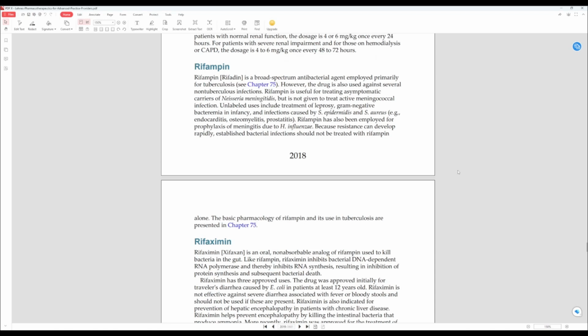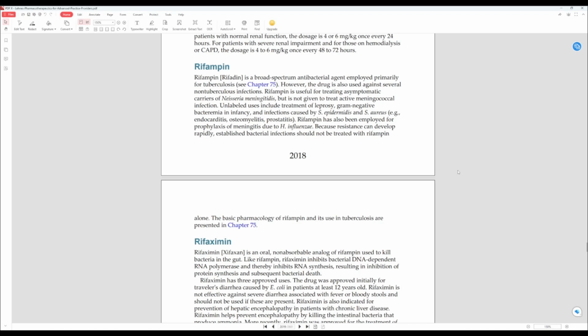Which brings us to rifampin, or Rifadin, which is still used today, which is a broad-spectrum antibacterial agent employed primarily for tuberculosis. However, the drug is also used against several non-tuberculosis infections. Rifampin is useful in treating asymptomatic carriers of Neisseria meningitidis, but it is not given to treat active meningococcal infection.